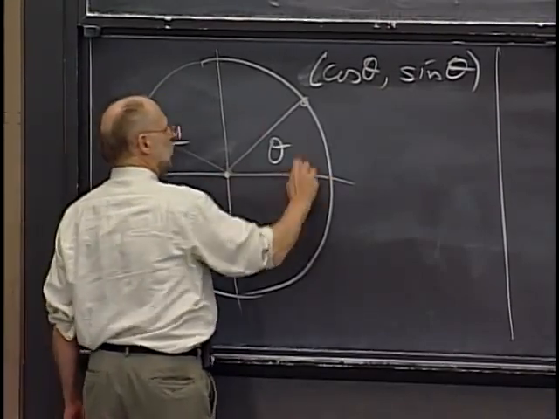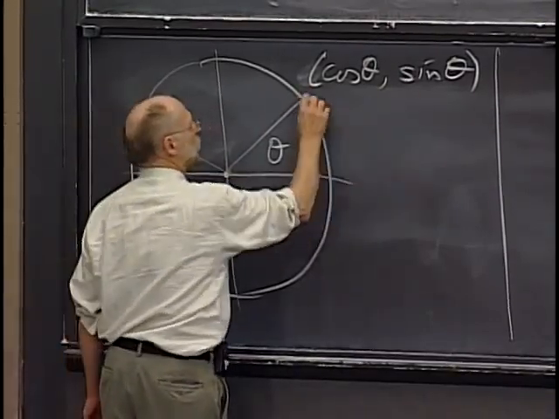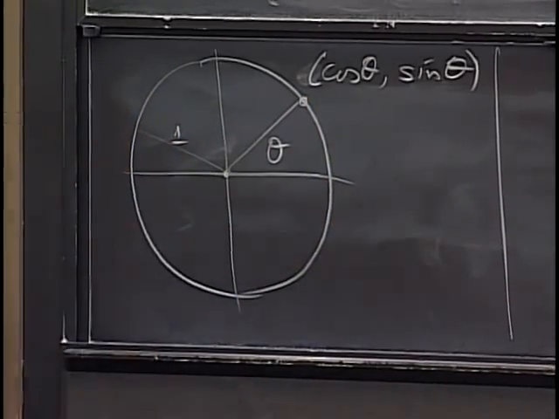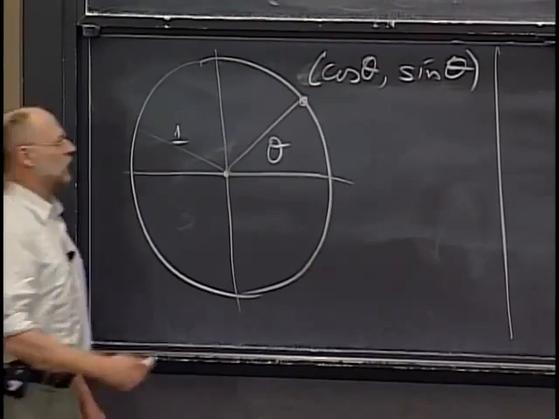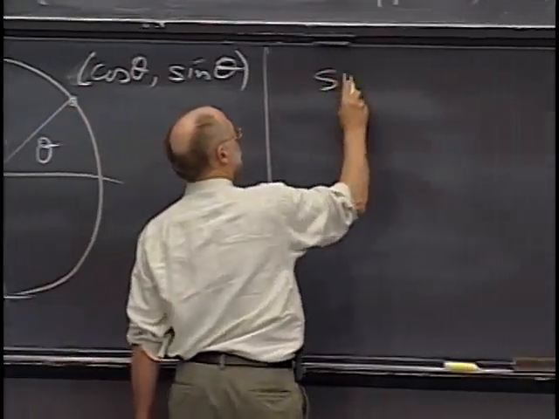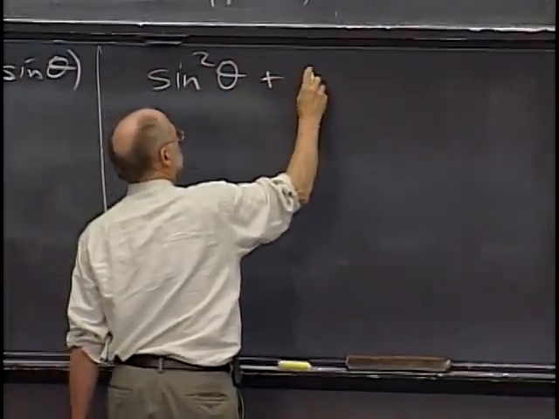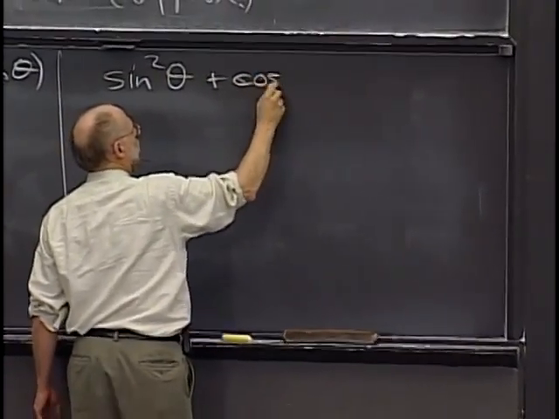If this is an angle of theta up from the x-axis, then the coordinates of this point are cosine theta and sine theta. That leads right away to some trig identities, which you know very well, but I'm going to put them up here because we'll use them over and over again today.